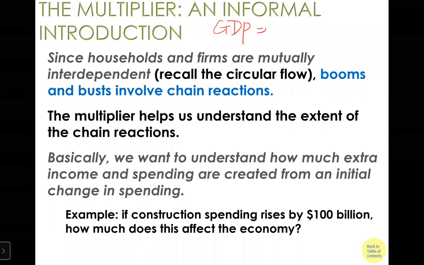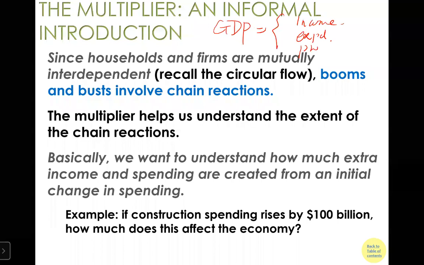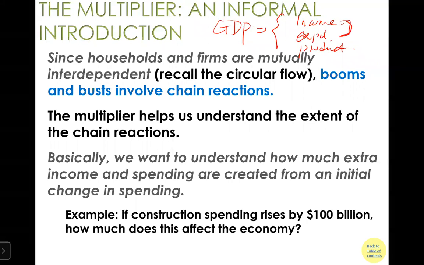You can look at the income approach, the expenditure approach, or the product approach. Income and expenditure are equivalent, and also equivalent to product. So when we say GDP, you can think about it as your income, or you can also think about it as your expenditure.